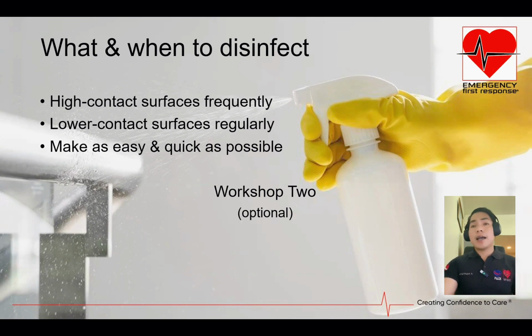Touchpads are time consuming and difficult to disinfect, so it is usually easier to put a translucent keyboard cover on them. Again, for example, plexiglass sneeze barriers need to be disinfected regularly.